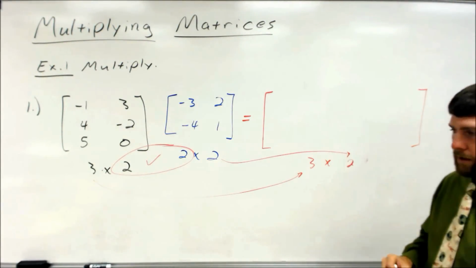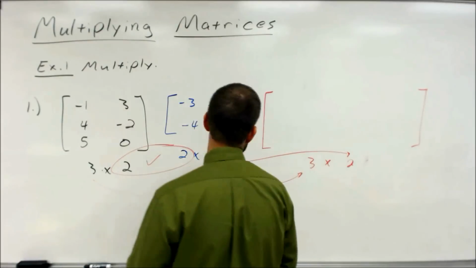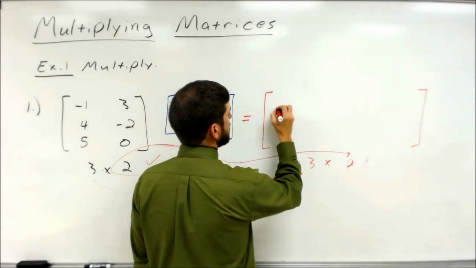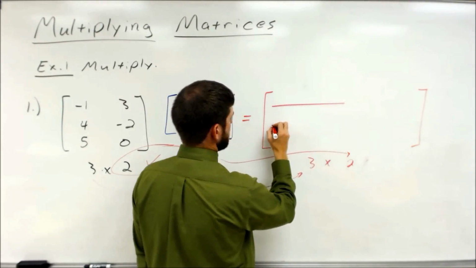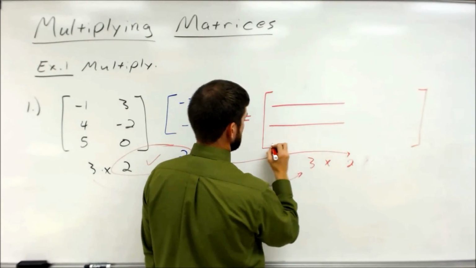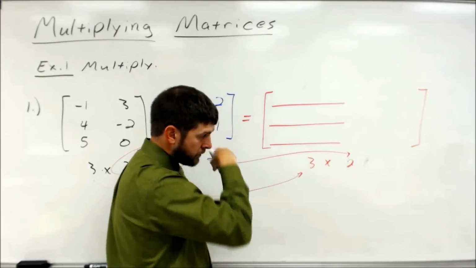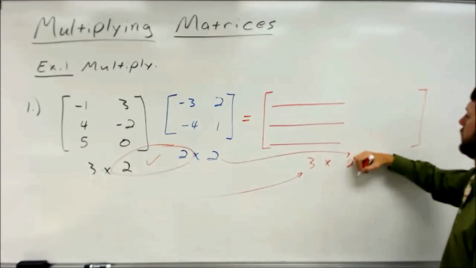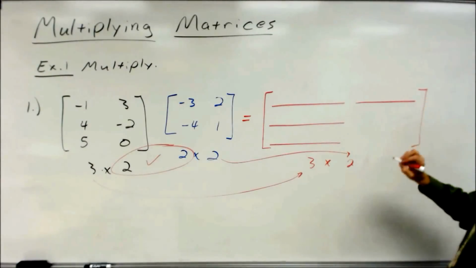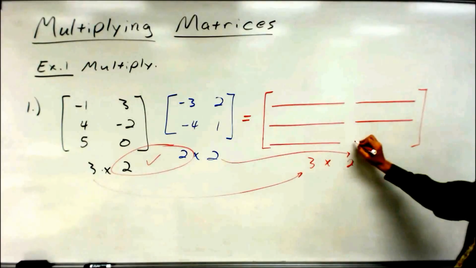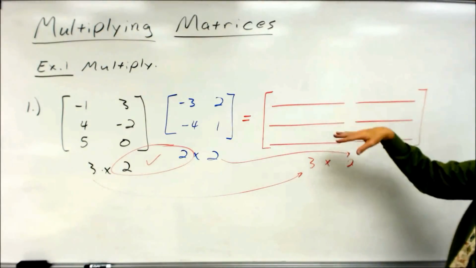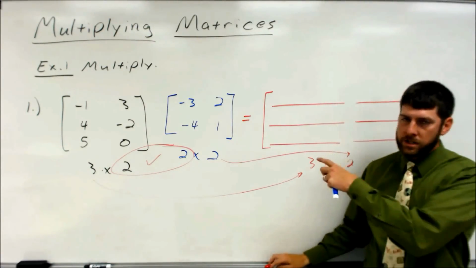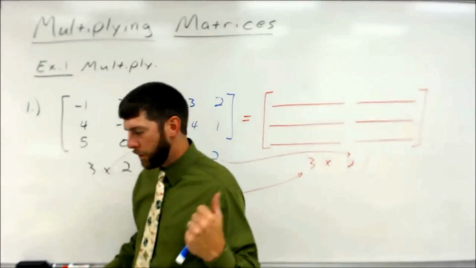We should get a 3 by 2 matrix out of this whole thing: 3 rows and 2 columns. The process we're about to go through will help show why it is set up like that.